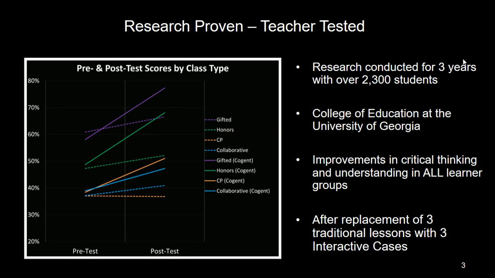You can see in this graph that it helped gifted students, also CP students, honors students, all of them improved their post-test scores after incorporating just 3 case studies into their curriculum.